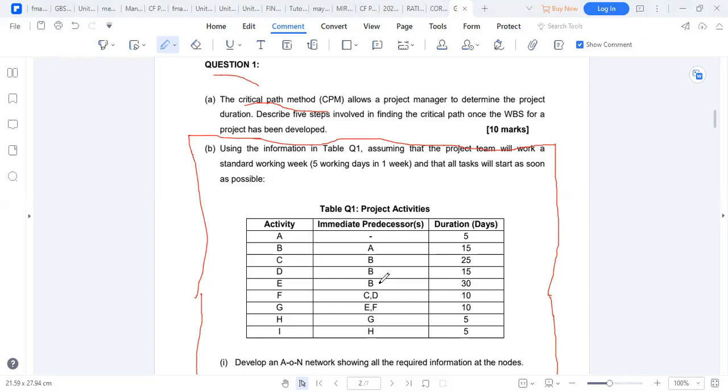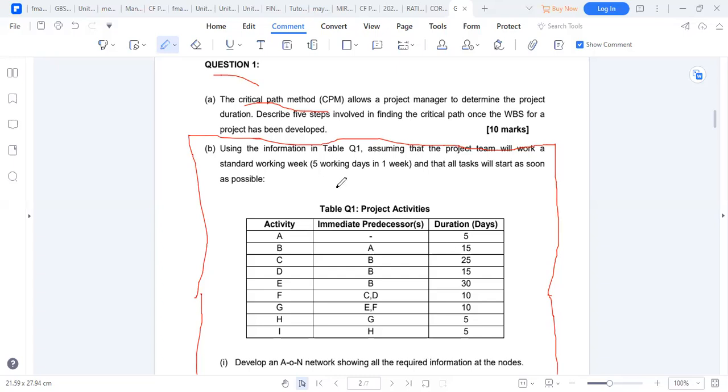The immediate predecessor simply means that the job that will continue running after the other job has been completed. So we need to draw the network diagram, so that we see how long it will take for this project to be completed, and then we determine which activity will start and which one will be the ending activity.